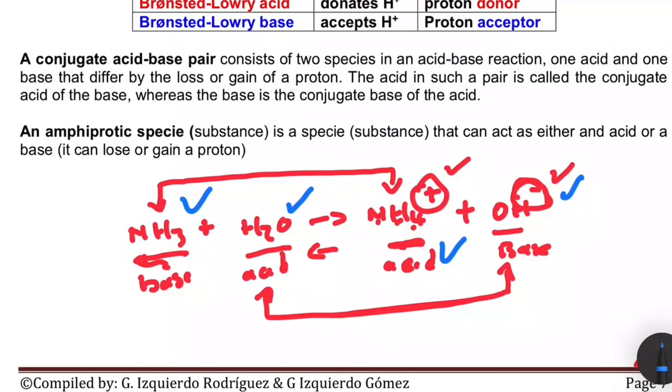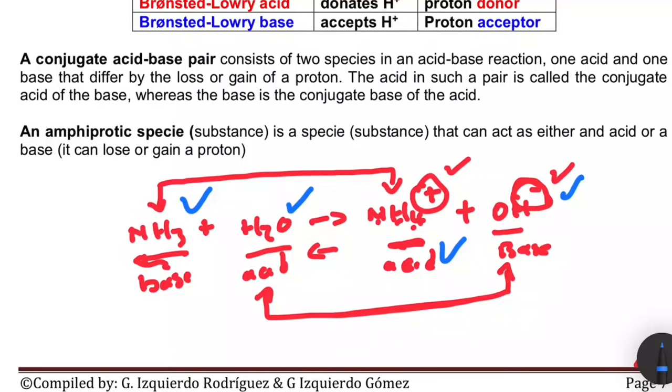Right, so we've touched on the Arrhenius theory, we've touched on Lowry-Brønsted theory, and we've touched on conjugate acid-base pairs. Now, let's take a look at an amphiprotic species. It is a species that can act as either an acid or a base.